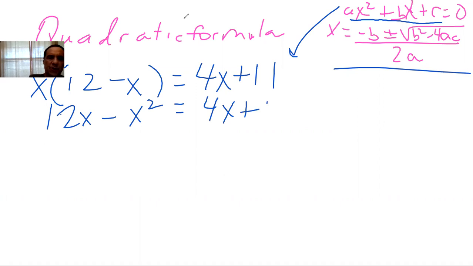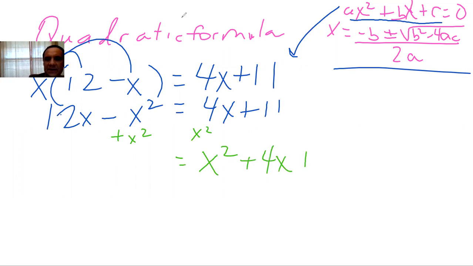I use the distributive property to make x times 12 be 12x and x times negative x be negative x squared. I still need all the terms on one side. Now, because negative x squared is on the left, I find it convenient to add positive x squared to both sides. So next thing I know, I end up with x squared plus 4x plus 11.